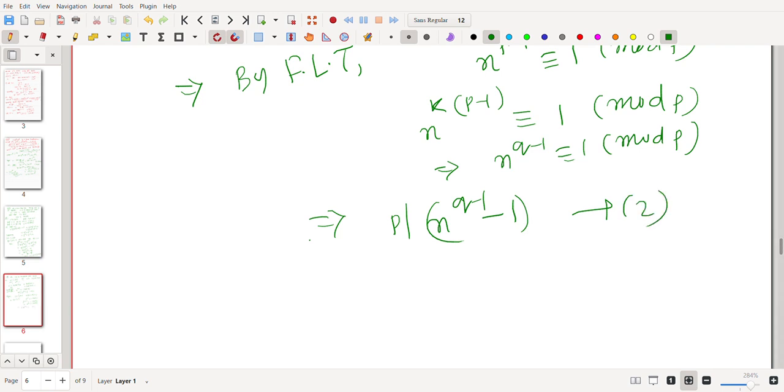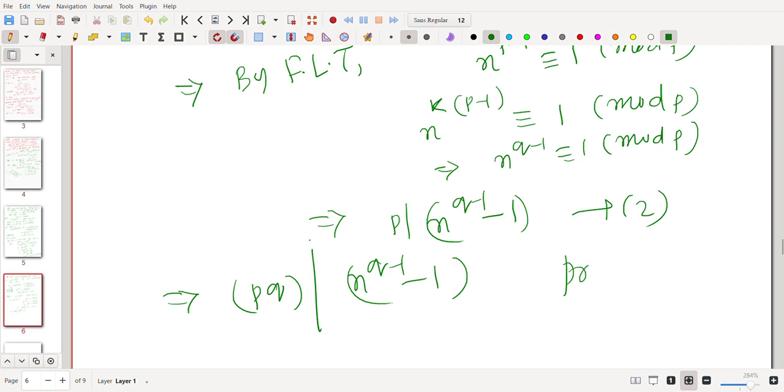Now since P and Q are distinct prime, which both divides n power Q minus 1, which implies that their product, because their LCM is basically PQ, divides n power Q minus 1.